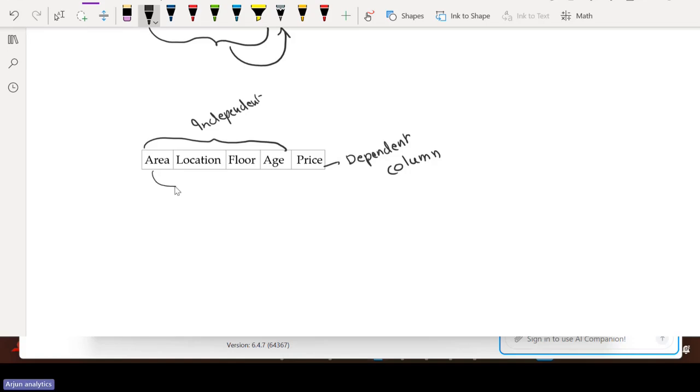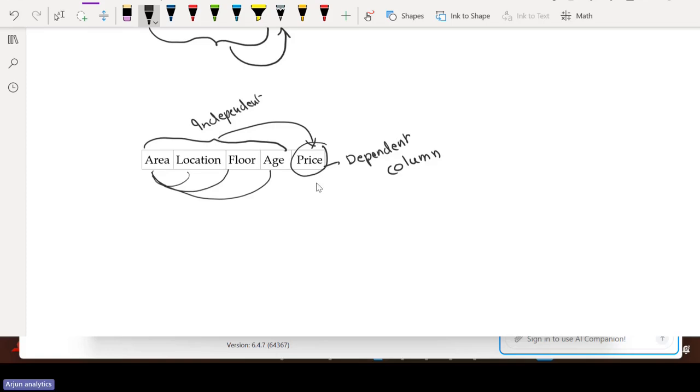Area and location are not connected, area and the floor are not connected, area and the age are not connected. So they are all independent. These four are independent, but these four will help us to say what is the price. This is what is called as dependent, and this is the independent.